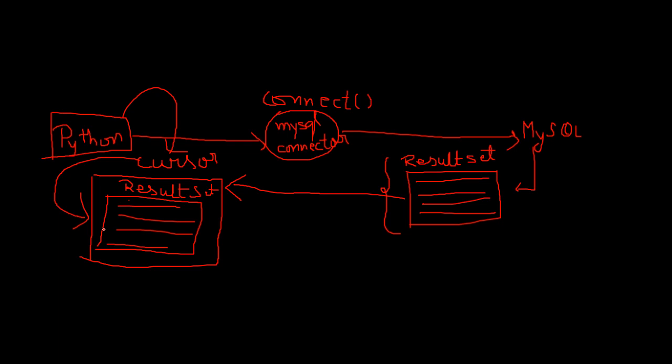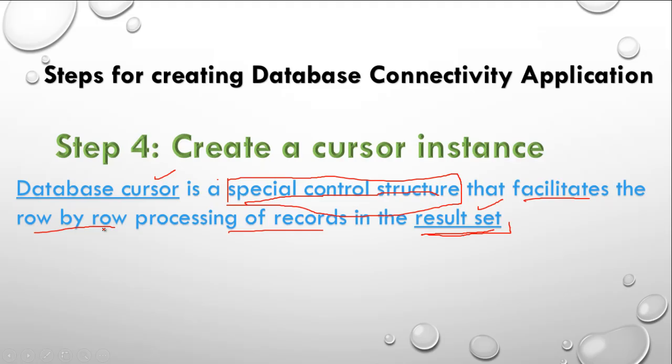We can't access a record from the result set directly, so we require an object named cursor. Through the cursor we can access the records present in the result set. I hope this point is clear to you.